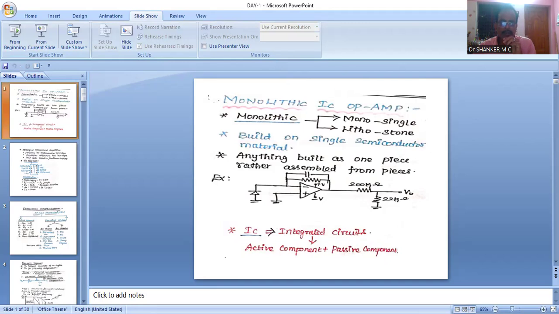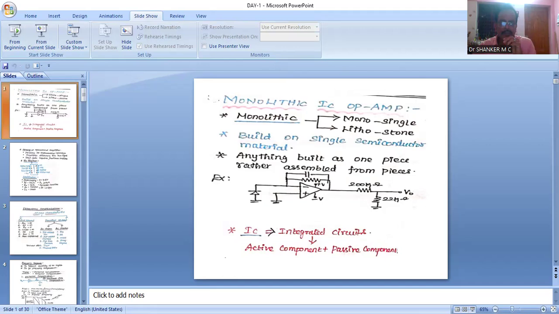Both are given to the differential amplifier. The capacitor is connected inside the amp, and it will improve stability and also prevent oscillation inside it.